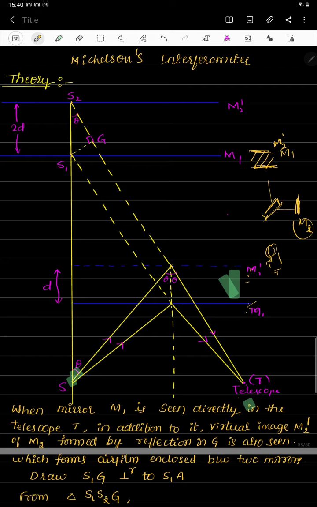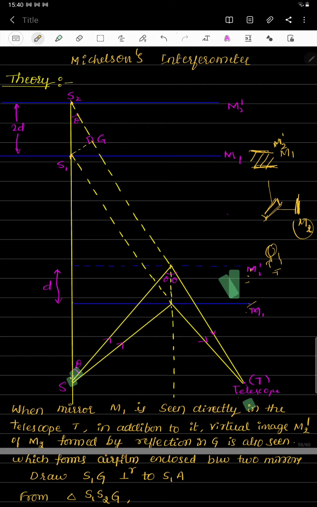So with the help of a single source we have got two reflected rays, and for the observer these two reflected rays appear to come from two virtual sources S1 and S2. Now S1 and S2 behave as coherent sources and these two are virtual.